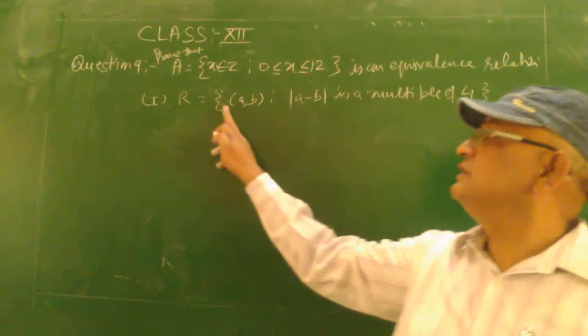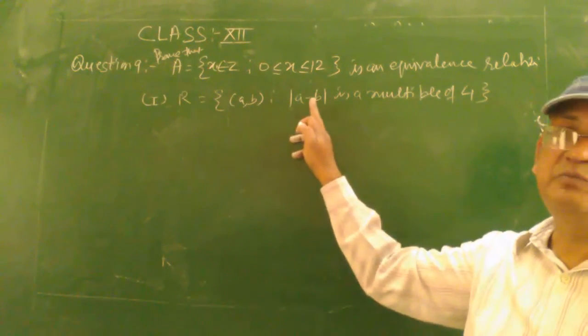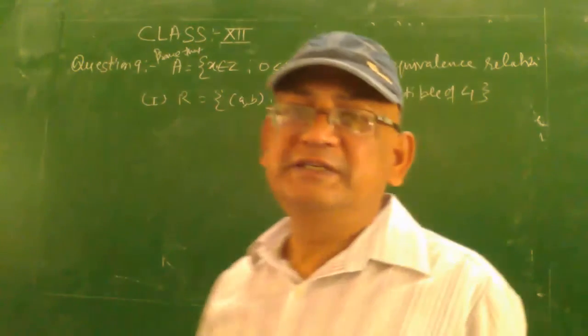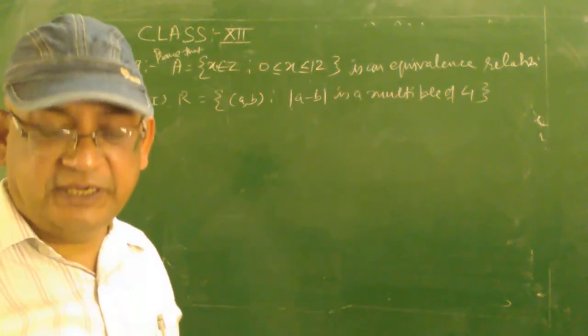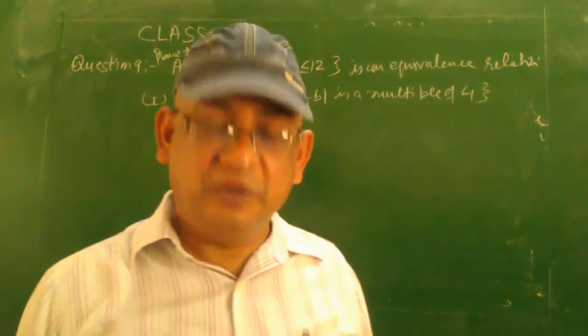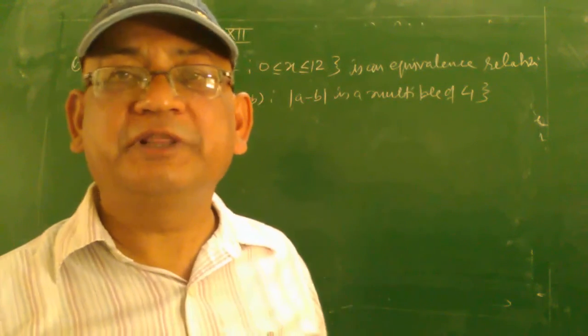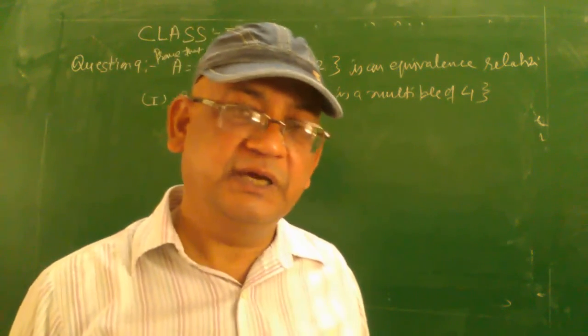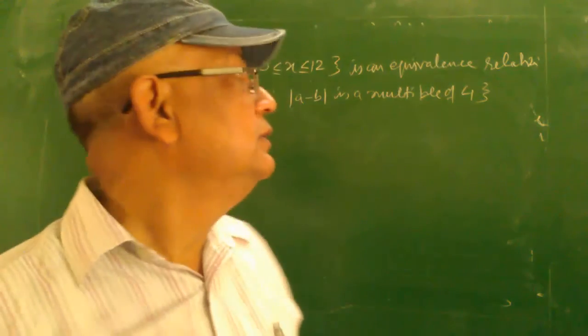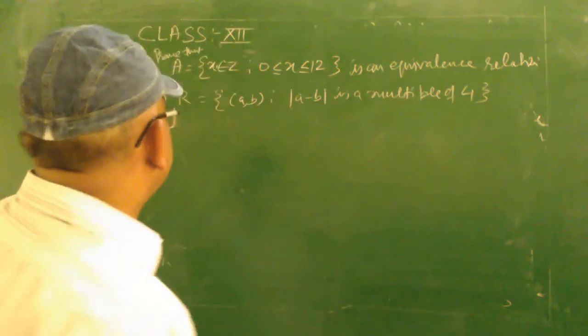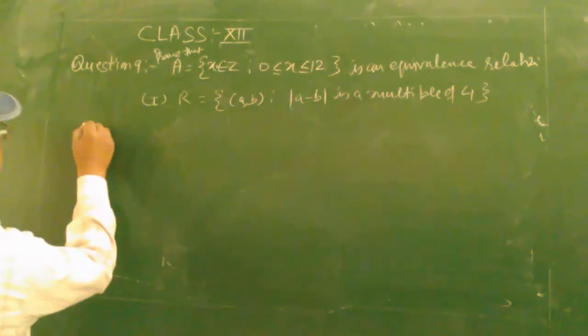What is the relation? That is (a, b) such that modulus of a minus b is a multiple of 4. ये आपको शो करना है कि ये आपके पास एक इक्विवेलेंस रिलेशन है। इसी तरह एक पार्ट और दिया गया है, that will be solved by you, as well as the rest of the questions of this exercise will be solved by you. So now see the procedure of this.